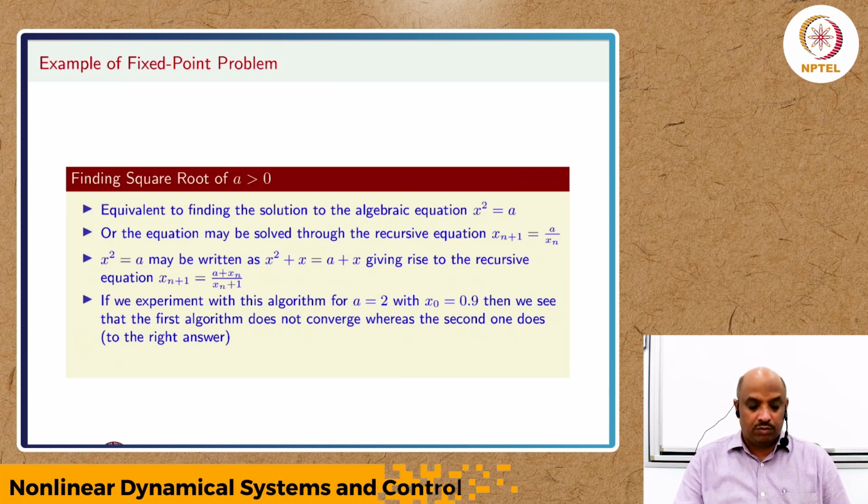The question becomes, why one converges and one doesn't, and that's beyond the syllabus of this particular course at this time, but it does fall into the category of understanding not differential equations, but difference equations, and understanding difference equations is at times as complicated as what we are seeing in this particular course. So the point of this example is to understand that just because we can rewrite in terms of a fixed point problem doesn't mean that we have a way of solving the problem, right?